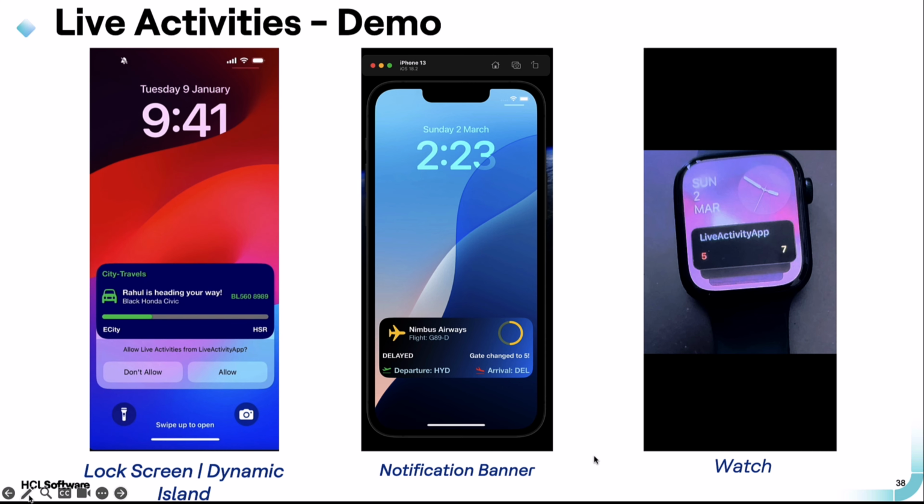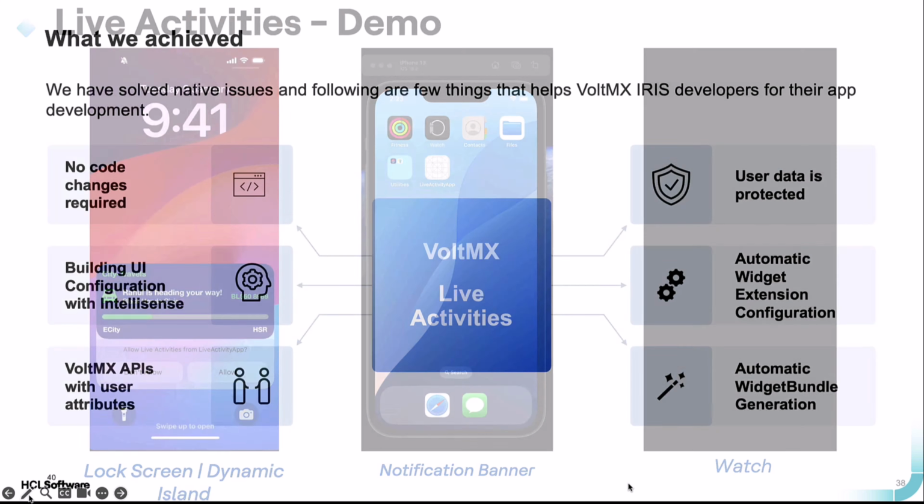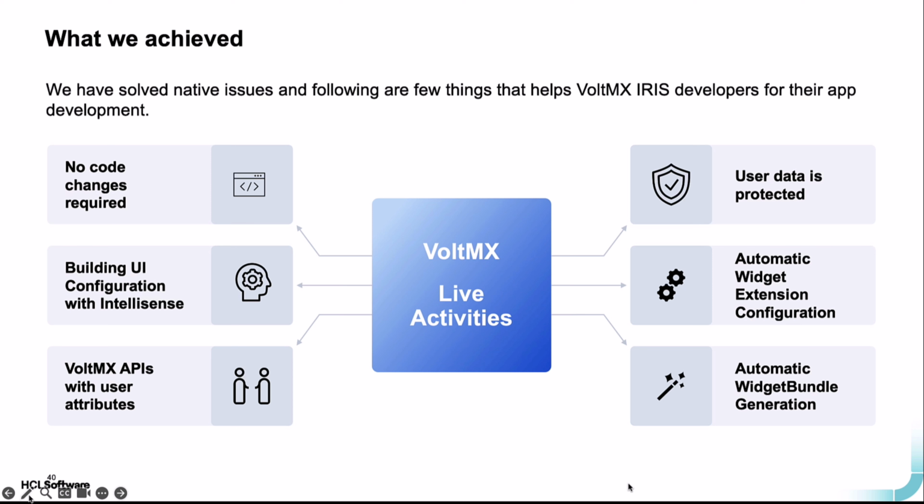Now, when it comes to Live Activity itself, we have gone above and beyond what is available out of the box from the iOS SDK, so to speak. We have made it very easy so that you can deploy this with no code changes required. You can build UI and configure it within IntelliSense in the IDE. You can add API-specific user attributes as well.